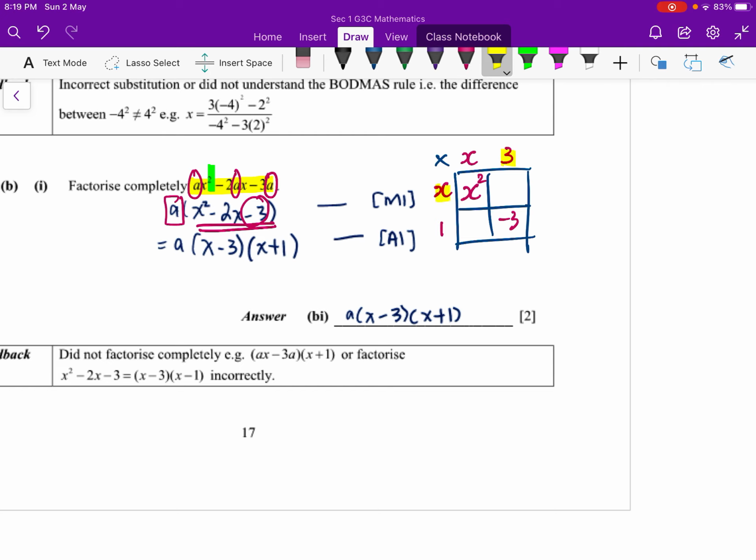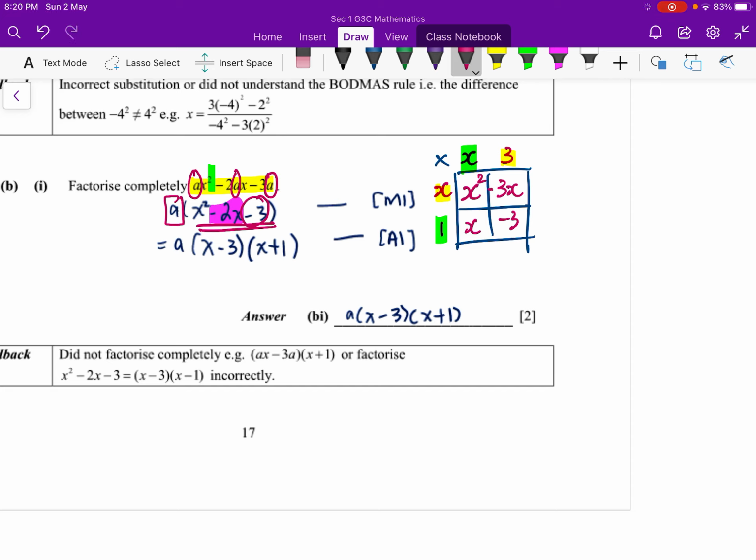So 3 times x gives me 3x. Next, 1 times x gives me x. Then we need to look at the question because they wanted a result of negative 2x. So looking at your 3x and your x, how do we then result in negative 2x? Then that has to come by inserting a negative sign into the 3x.